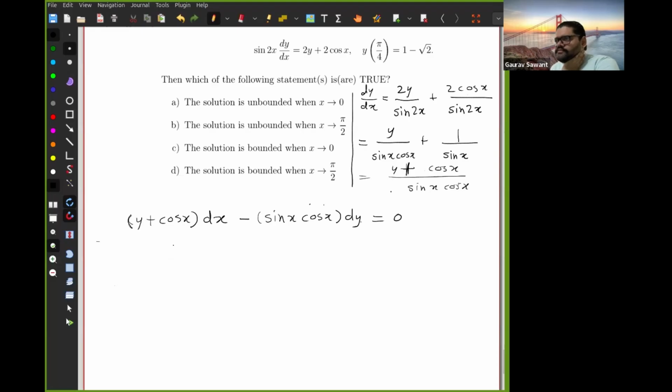There is a function of x and y, and then the other, there is only a function of x, and there is no mixed thing happening.